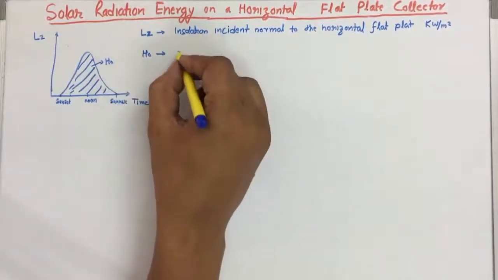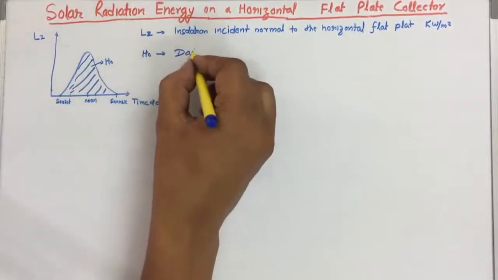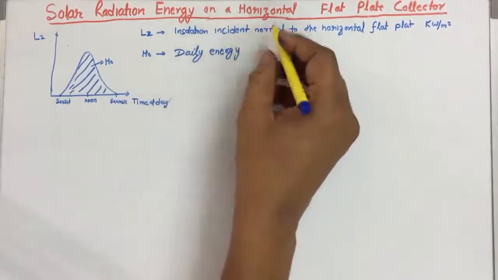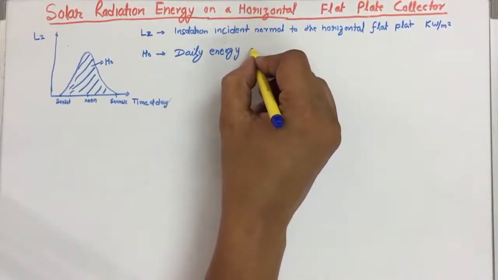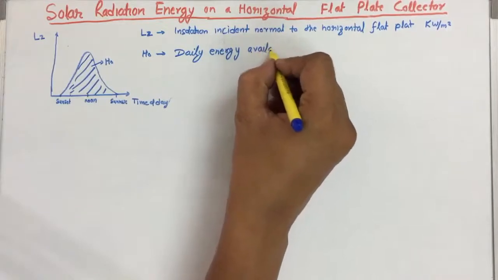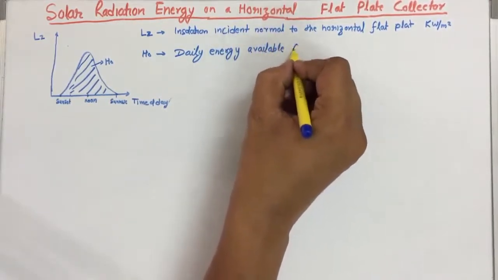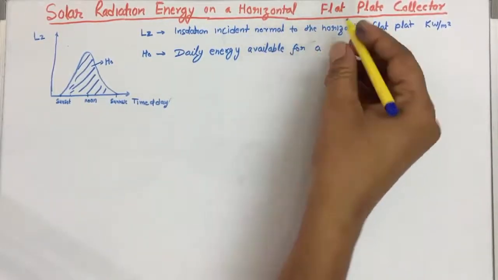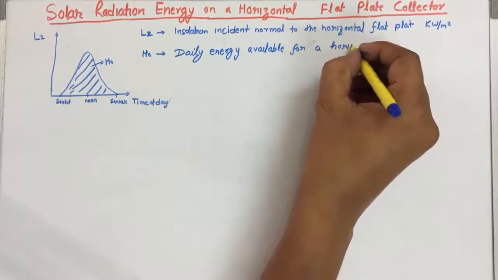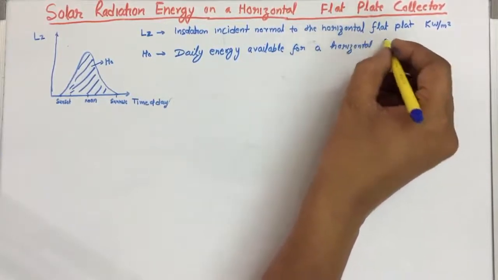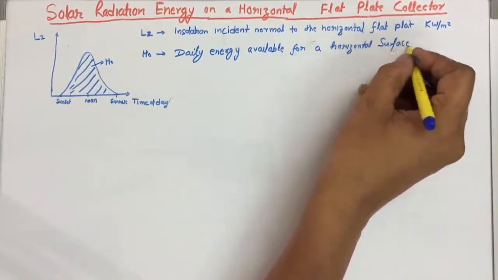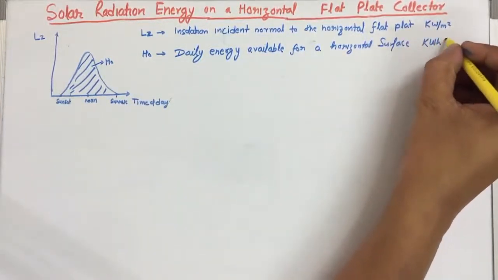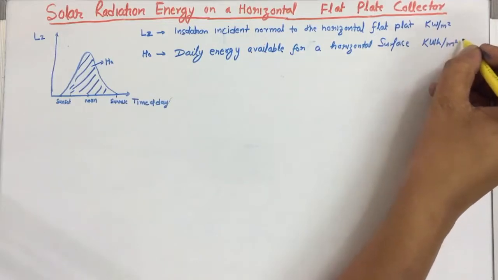We can say this is the daily energy present or available for a horizontal surface, so the unit can be kilowatt hour per meter square per day.